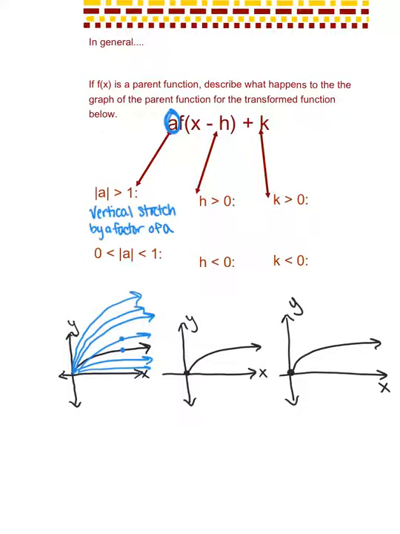Whatever A is, we're multiplying by that A value, and that's where we get that new y value. If the absolute value of A is in between 0 and 1, we call that a vertical shrink or compression. And it's still by a factor of A.